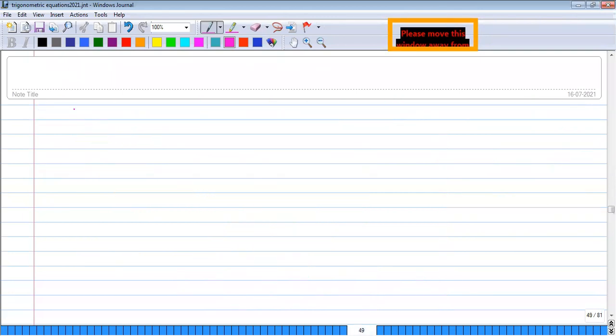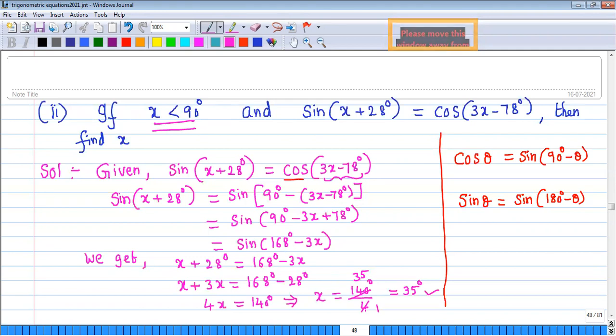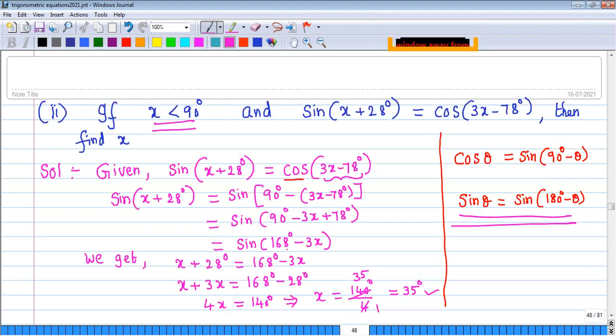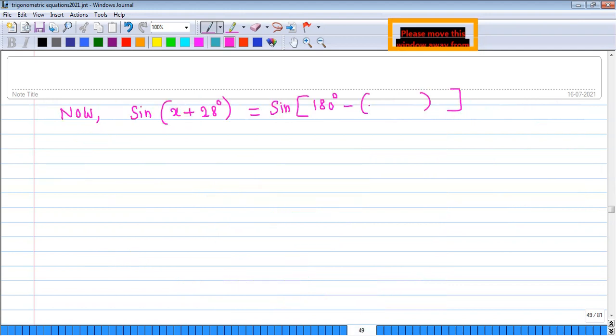Okay, now sine of x plus 28 degrees equals sine of 168 minus 3x. So using this formula, sine of 180 degrees minus 168 degrees minus 3x.